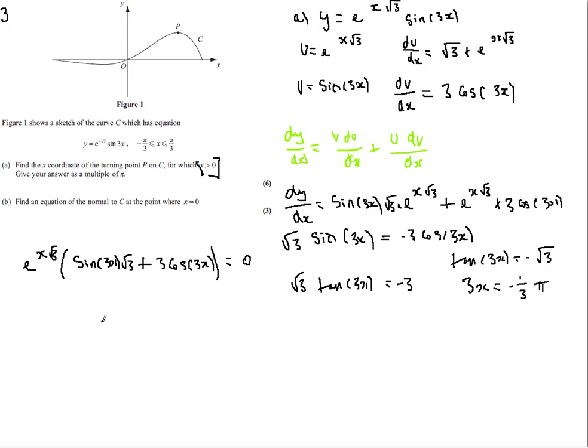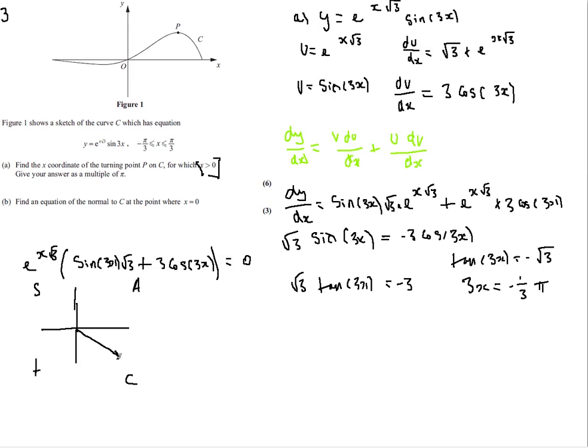So we need to find other values of 3x that will satisfy the equation. I use the CAST rule, or the quadrant rule, and I draw in my angle.